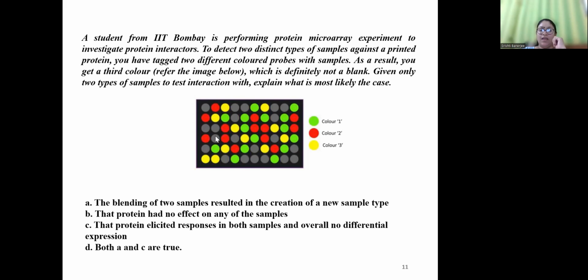You have two samples and you give two different colors to them, one green and one red. Wherever you find red or green color here, that means your sample has these proteins. But you're also having one more color.